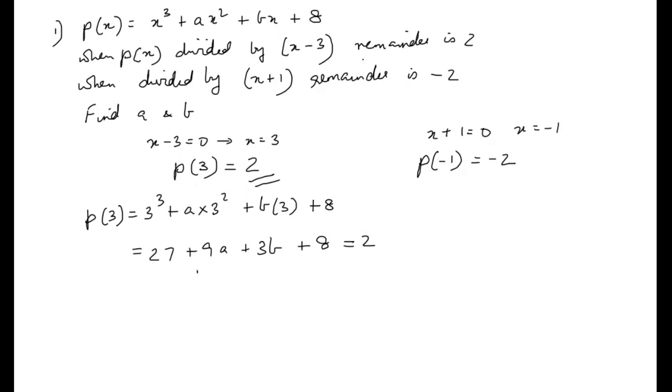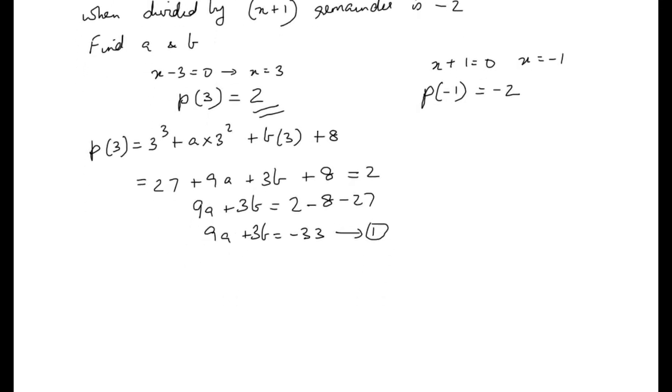So this is my first equation. 9A plus 3B is equal to 2 minus 8 minus 27. I'm going to put that into my calculator. So 2 minus 8 minus 27, that is minus 33. So that's my first equation. 9A plus 3B is equal to minus 33.